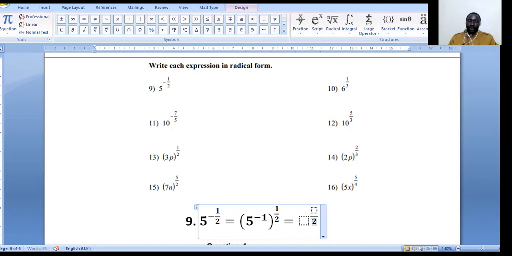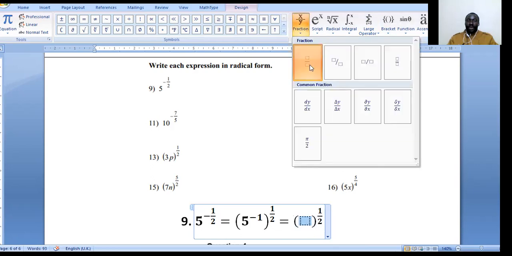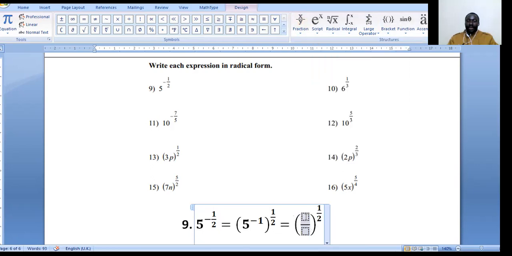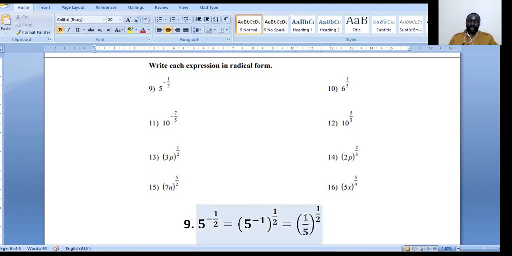Rather 1/2. Then inside, we have a bracket, and our bracket has got in it 1/5, which is the same as 5 raised to power -1, like that. So what do we then get from here?